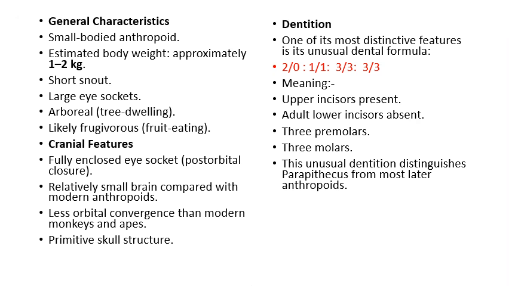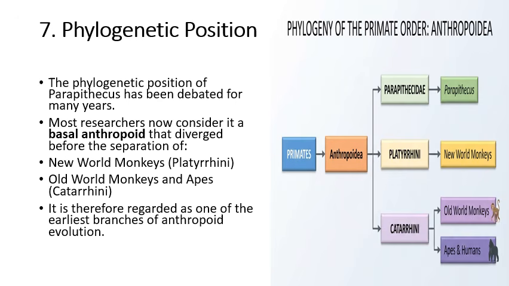They were arboreal dwellers and are believed to be frugivorous, meaning they consumed fruit as their diet. Other than that, leaves, seeds, and soft plant materials.